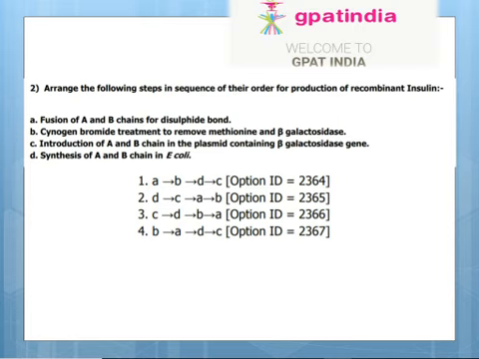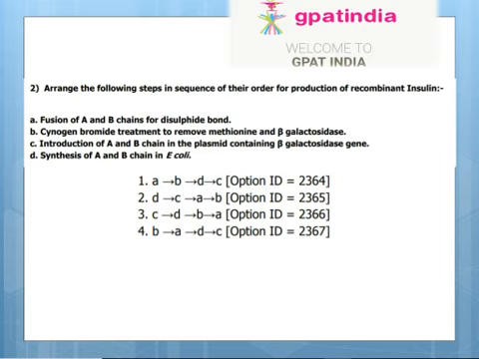I think it should be the last option, because at last we will have the A chain and B chain, and a disulfide bond to make it insulin. Second is cyanogen bromide treatment to remove methionine and beta galactosidase. Third is introduction of A and B chain in plasmid containing beta galactosidase gene.